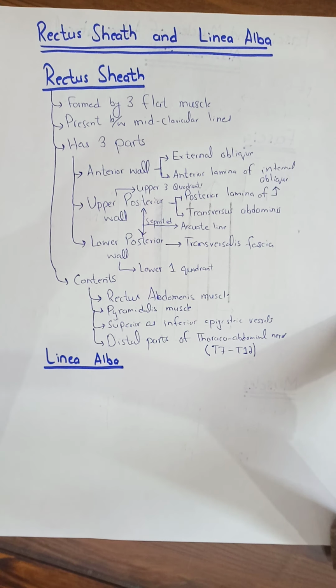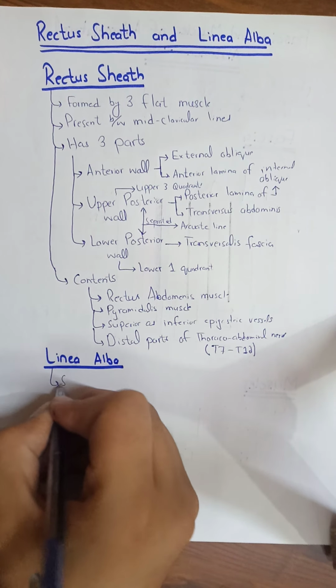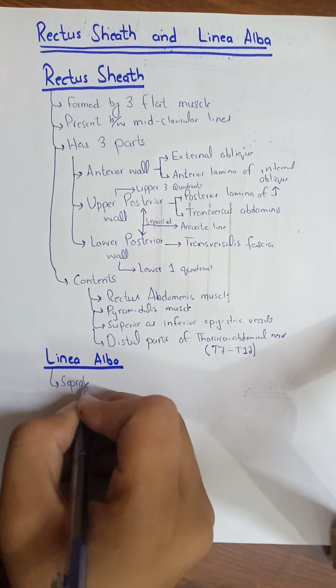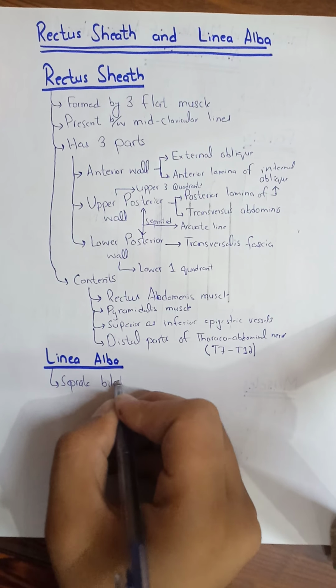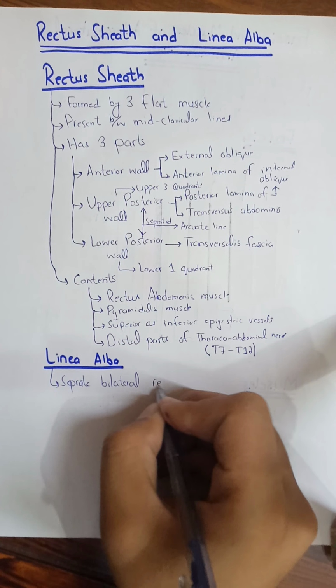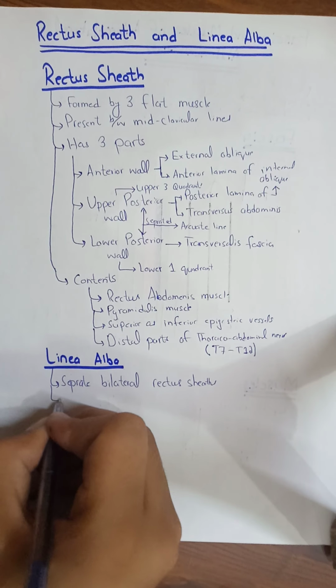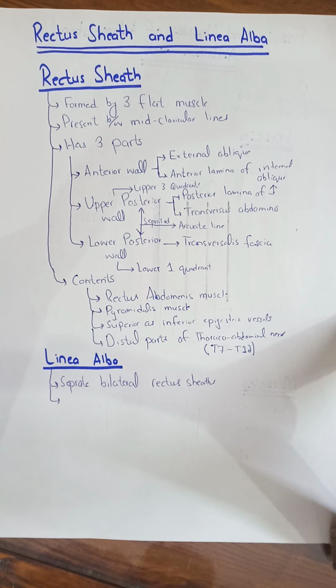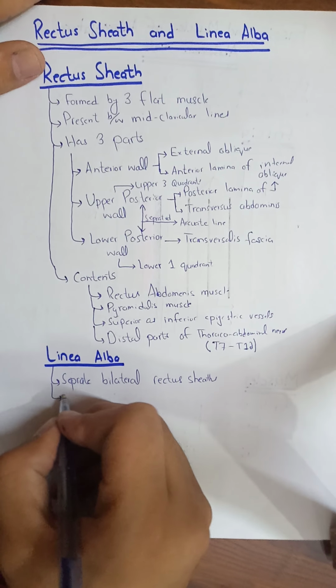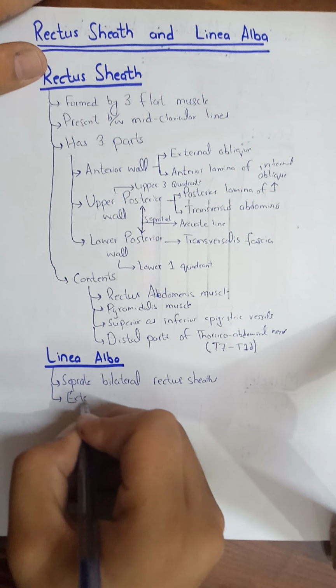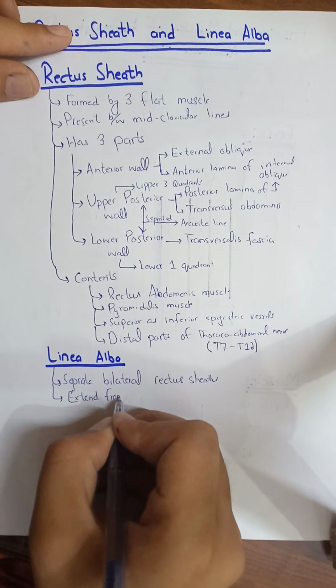This linea alba separates the bilateral rectus sheaths, meaning it separates the rectus sheath of both sides. This is its function, we can say. Its dimensions are that it extends from the xiphoid process of the sternum to the pubic symphysis of the hip bone.